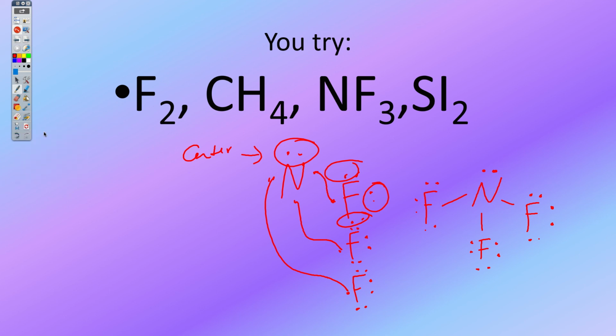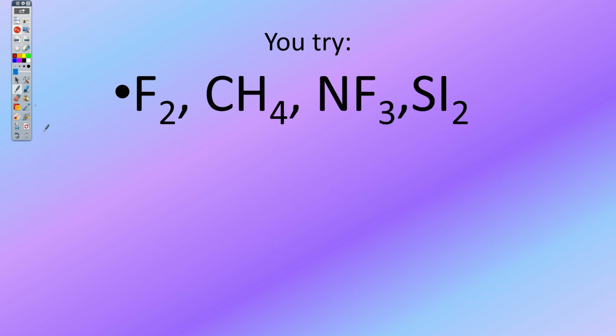Let's do one more, SI2. First step, draw each individual element. So I got S and then 2 I's. S has 6 valence electrons, 1, 2, 3, 4, 5, 6. I has 1, 2, 3, 4, 5, 6, 7, and 1, 2, 3, 4, 5, 6, 7.